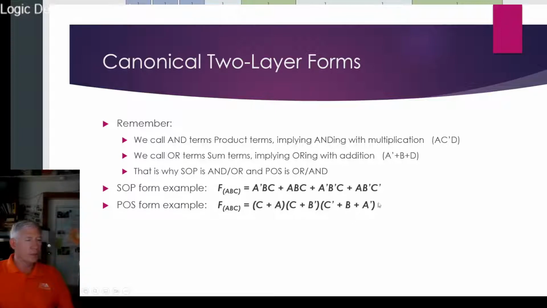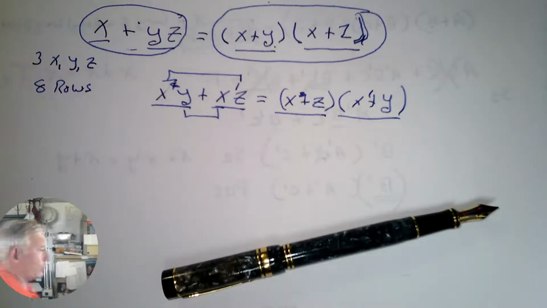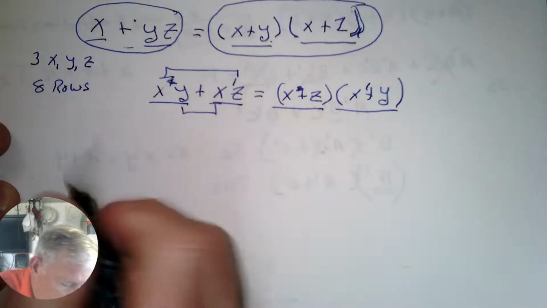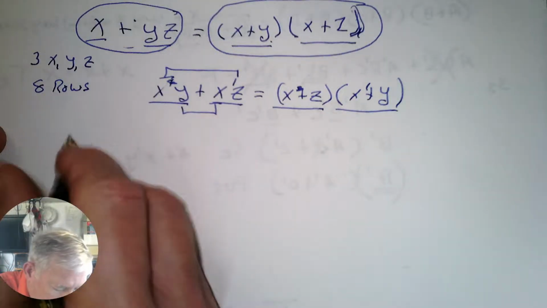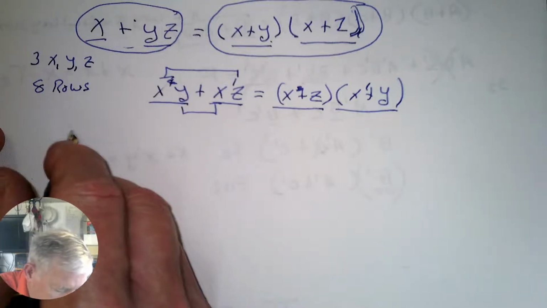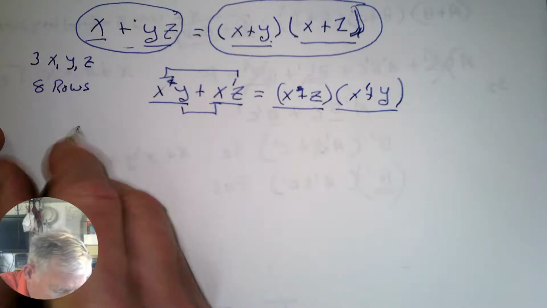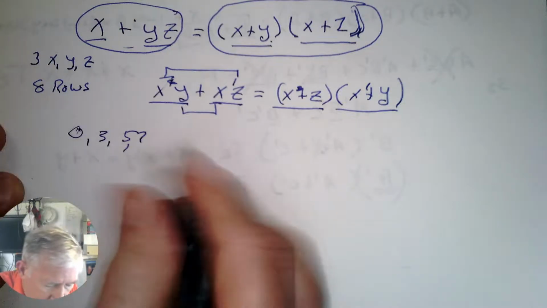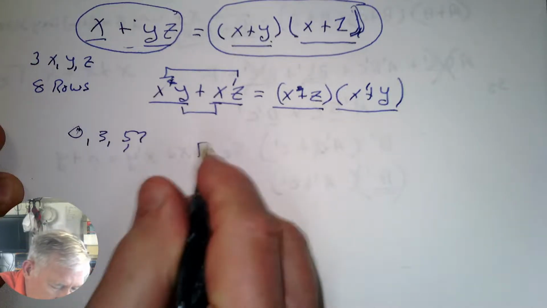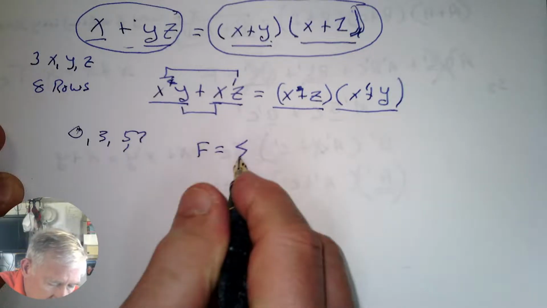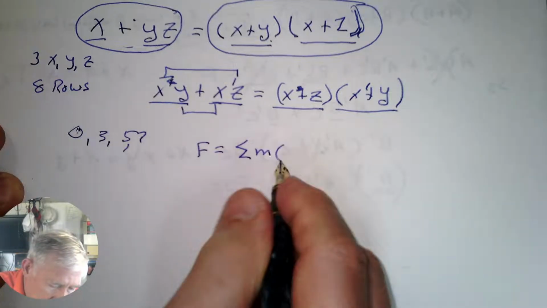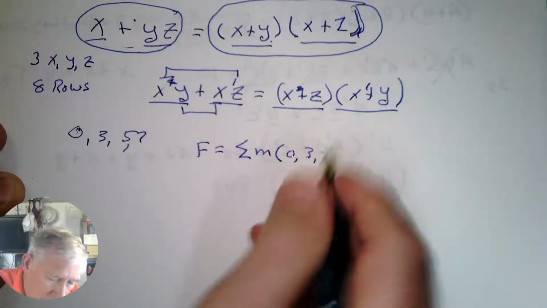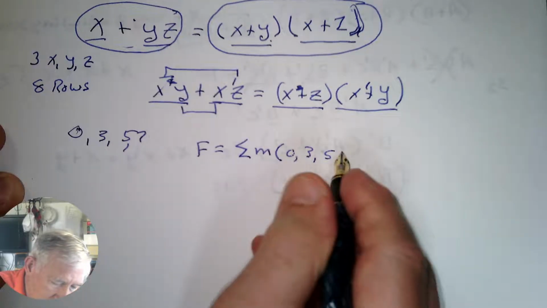And here are the forms. And there's also shorthand notation. Let me show you that too. I think I may have mentioned that, but I want to touch base with that again. So let's say we have a truth table, and we use min terms, say 0, 3, 5, and 7 or something like that for three variables. So we could write that F equals the sum of the min terms, little m, 0, 3, 5, 7.